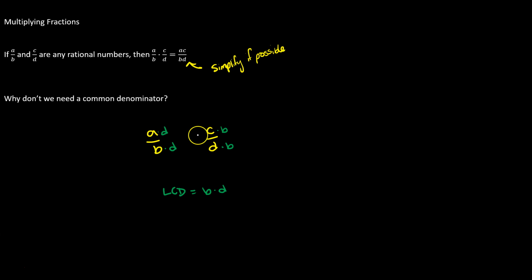And then if I wanted to multiply these 2 fractions, which now have a common denominator, I would just multiply straight across the top, a times d times c times b, and then I would multiply across the bottom. I have b times d and d times b. Well, let's group these together. I have 2 factors of b, that looks like b squared.